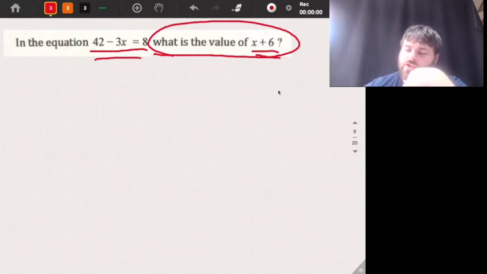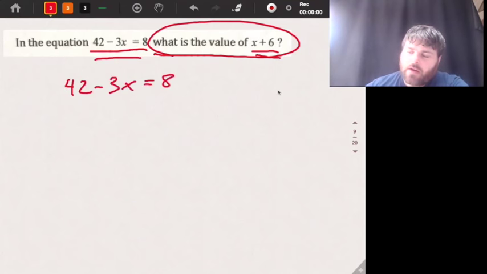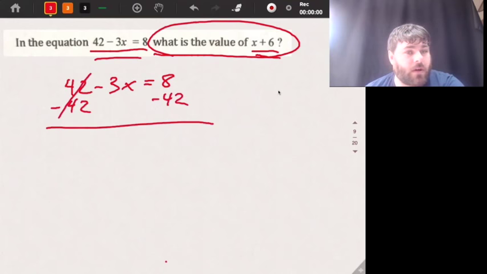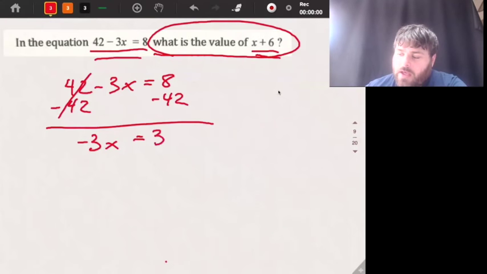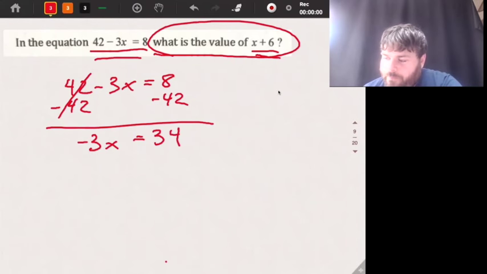So first off, let's just solve for x. 42 minus 3x equals 8. All right, first thing I should do is, that's right, subtract 42 from both sides. 42 minus 42 is 0. And 0 minus 3x is minus 3x. 8 minus 42 is going to be negative 34.